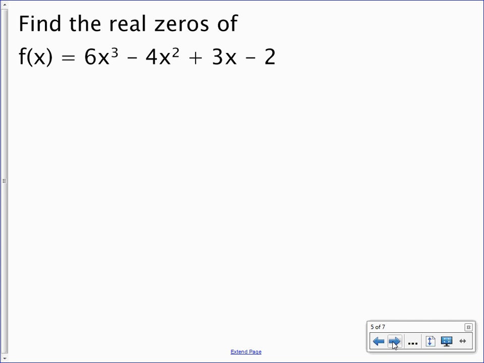Let's create our list of possible zeros. Factors of our constant: one and two. Factors of our leading coefficient.